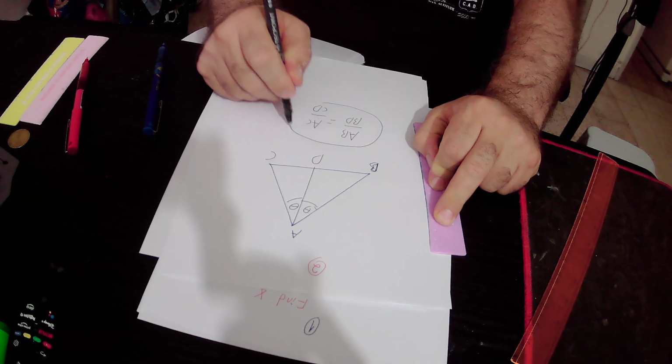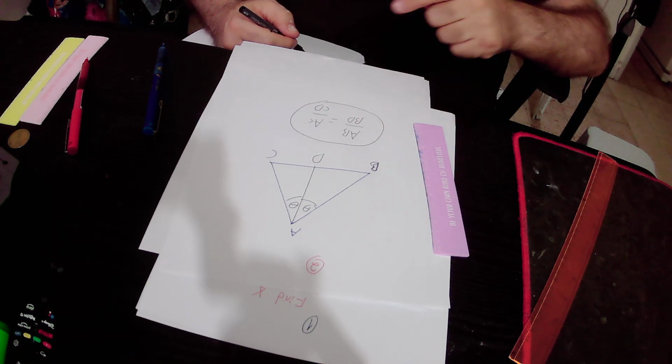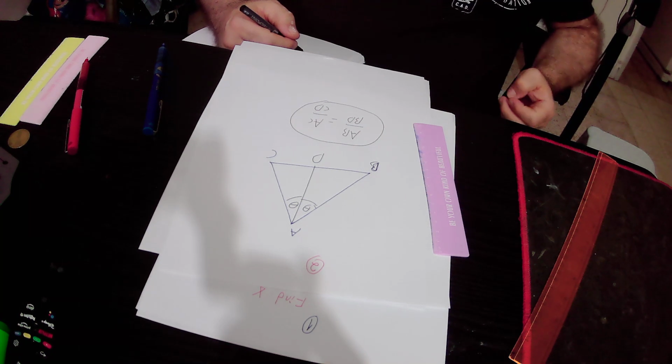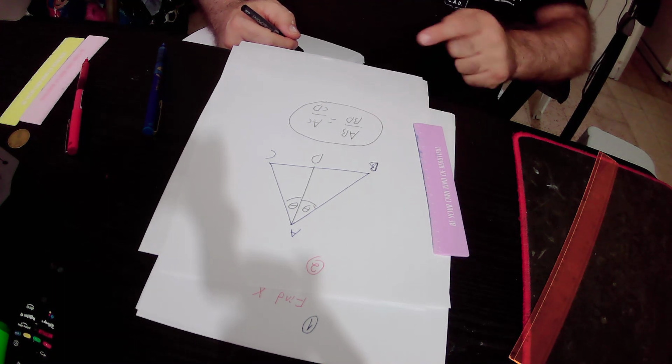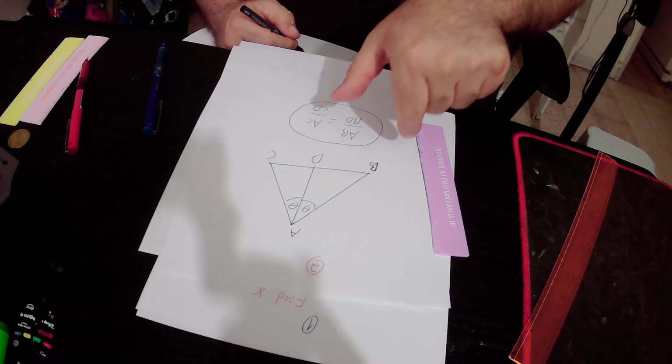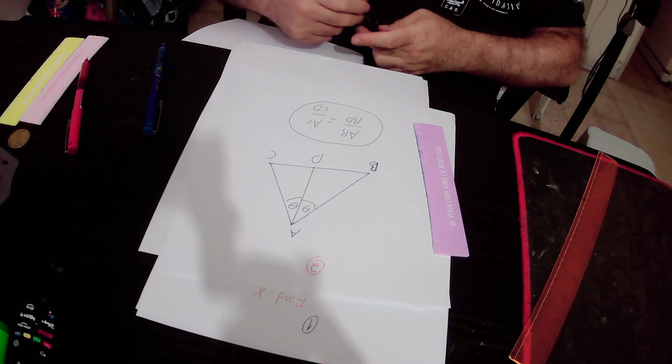Okay, so whenever you have angle bisector in a triangle, then the following relationship exists between its sides. AB over BD equals AC over CD.